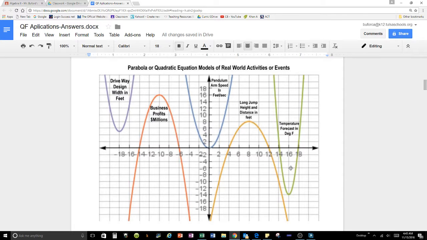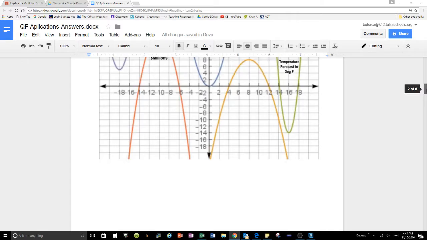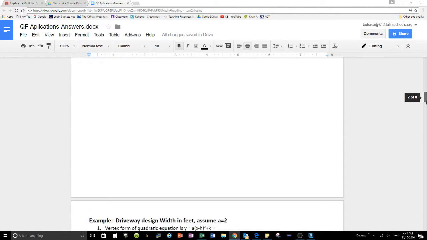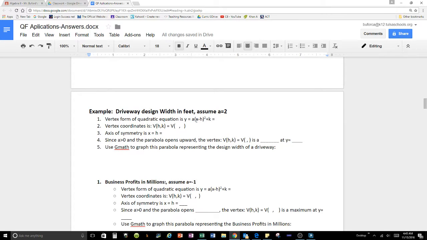We found the h and k, and once we find the h and k, then we can go ahead and use those h and k's to answer our 5 questions. So we're going to look at the driveway design. For the driveway design, we know that h is minus 18, k is 5.